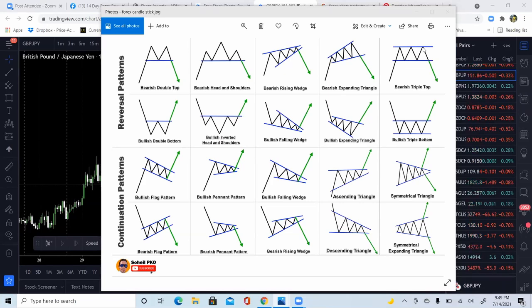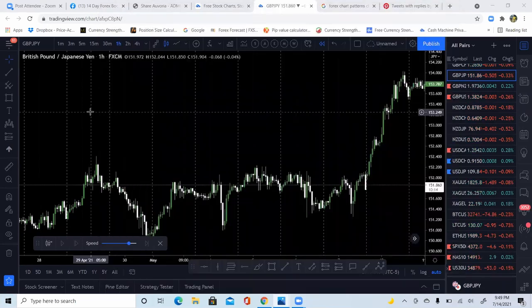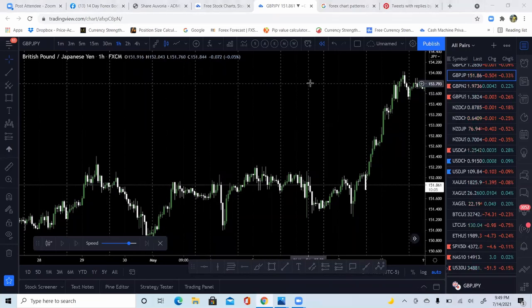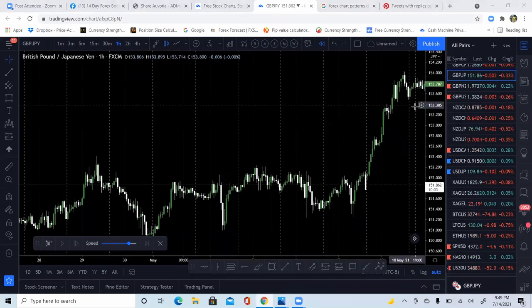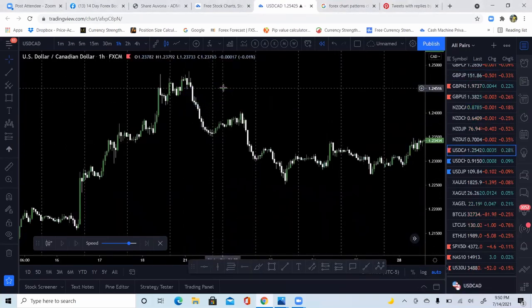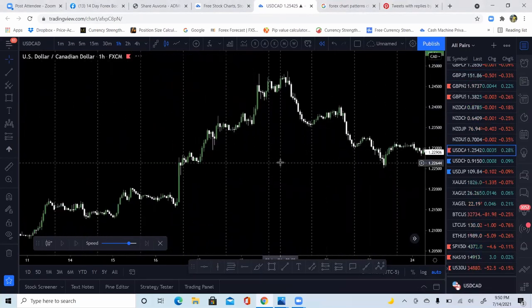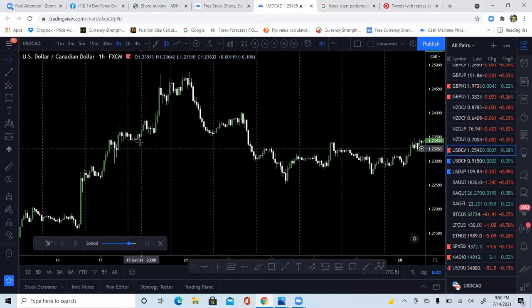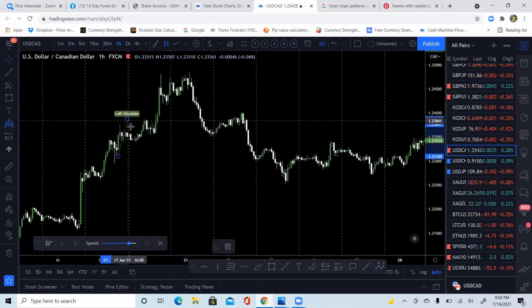Are there any pairs that show more of these patterns in comparison to other pairs? Not really. The US pairs, they may show more head and shoulders. As soon as I open one, you see an ugly one, but you see it.